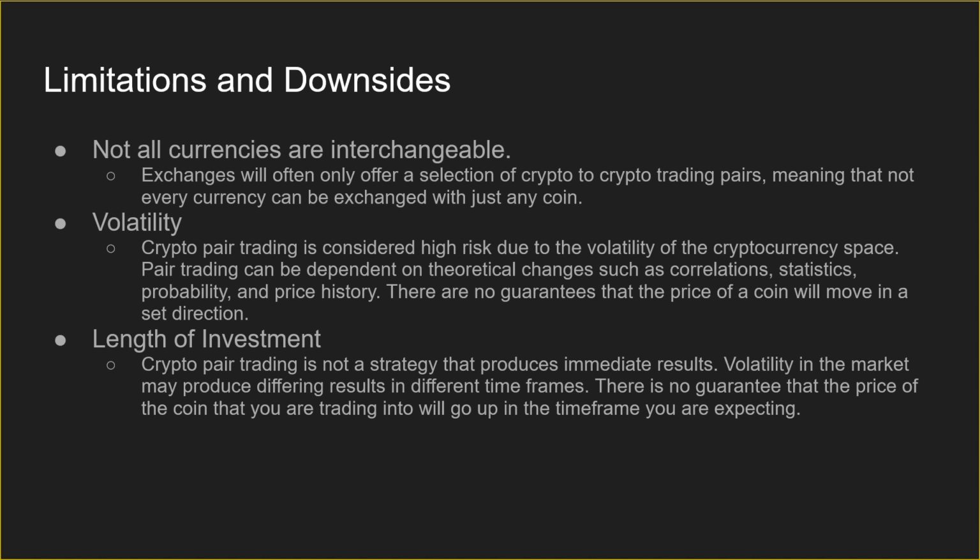There is no guarantee that the price of the coin you are trading into will go up in the time frame you are expecting. Now, could you do some sort of trading strategy between cryptos through more of a scalping mindset? Maybe you're looking at the 5-minute or the 15-minute and you're looking to make several trades between cryptos and capitalize on small price fluctuations.